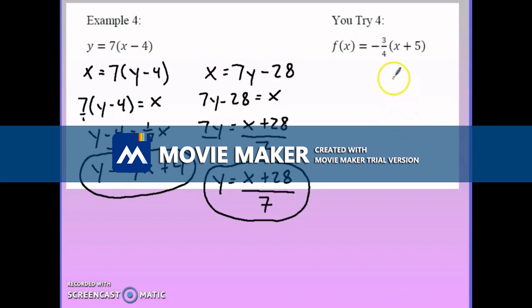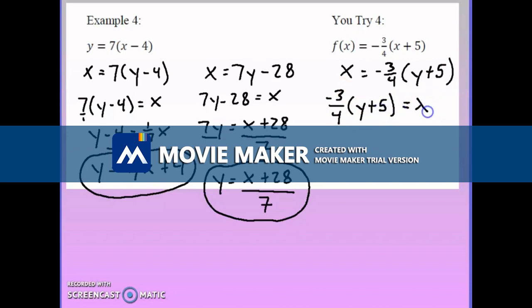Okay, so hopefully you have unpaused and you have what you hope is the answer. So you're going to switch x with y, negative 3/4 y plus 5. Rewrite it, negative 3 over 4 y plus 5 equals x. Now, just like we did the 7, you can do the reciprocal to the other side.